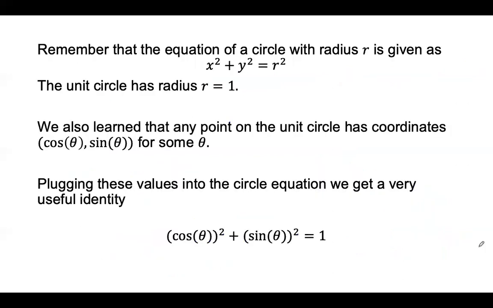We remember the equation of a circle is x squared plus y squared equals r squared. But when r is equal to 1, this is just equal to 1, and this is our unit circle equation that we know.